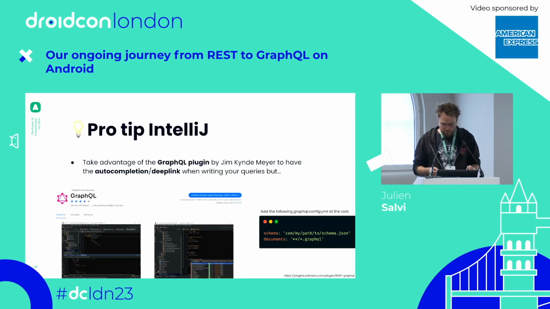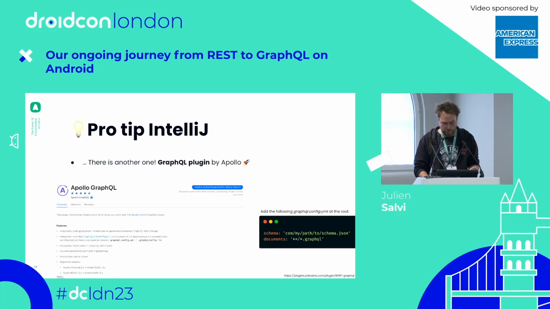It's very nice, but there is a new one, especially if you are using Apollo, a brand new GraphQL plugin, still in development but very stable in the end. It does the same thing as the previous one, but with better interoperability with all the Apollo ecosystem. And the navigation is also quite a bit better.